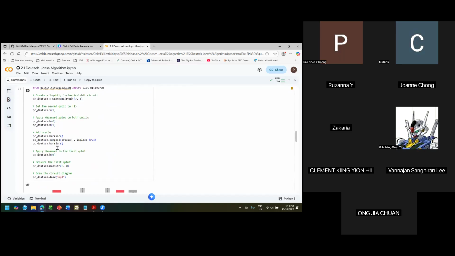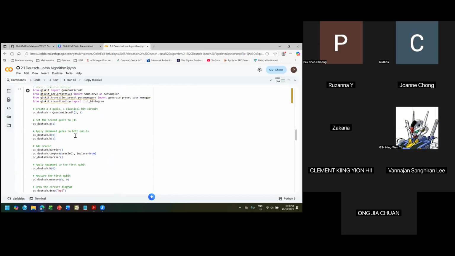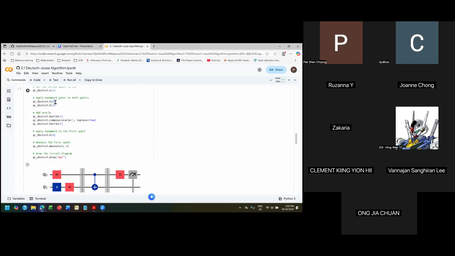Okay. I'm sure in the morning session they have introduced you to the basic syntax in Qiskit, so I'm sure you have no problem. But if you do have a problem with the syntax, you can always Google the Qiskit documentation from IBM. So next, apply the Hadamard gate to both qubits. After that, we add the oracle.